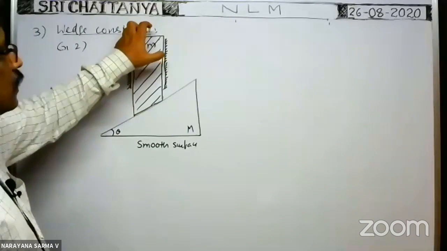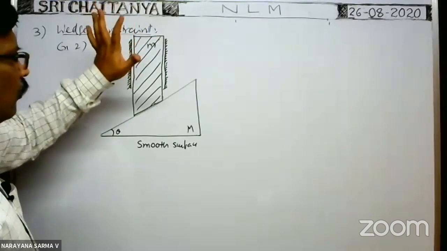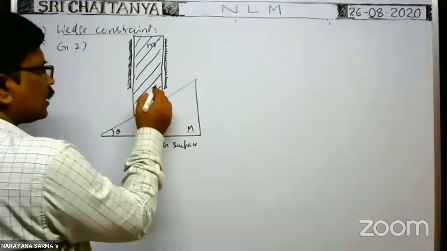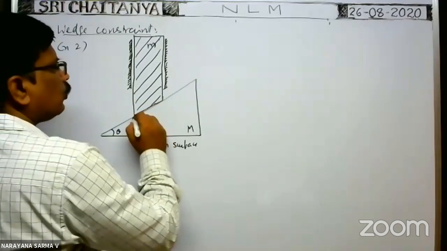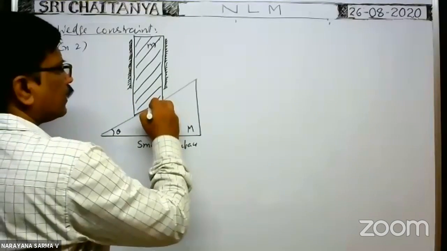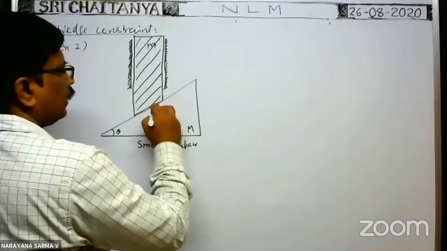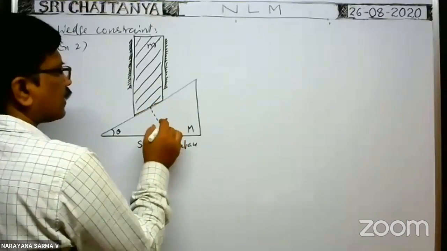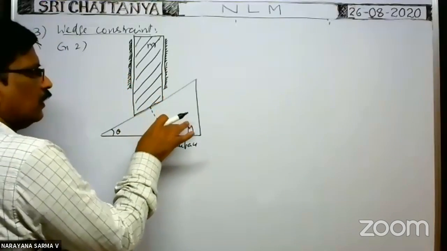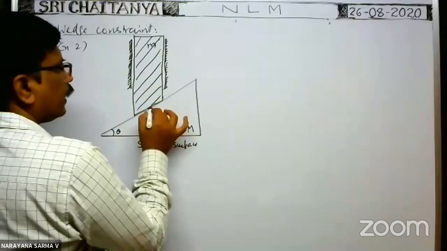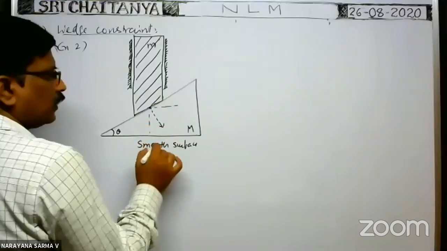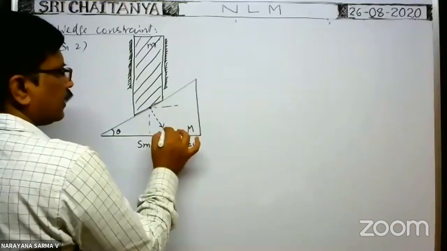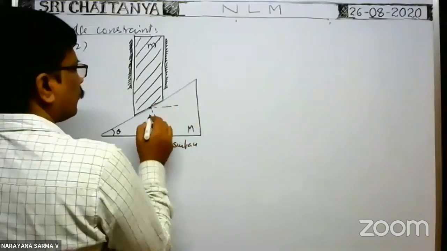Now whenever you release this block, as the bottom surface of the block is in contact with the inclined surface, a normal force is exerted perpendicular to the plane of contact. In this direction, normal force is exerted by this block on the wedge. Its component acts in this direction and vertically downwards. Suppose this is the normal force N, and this angle is theta.